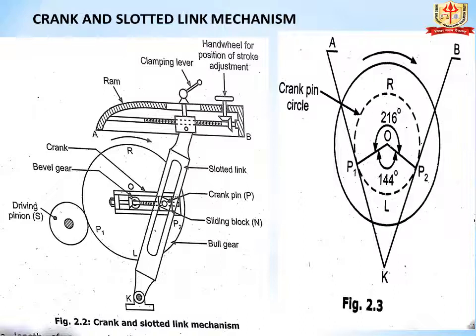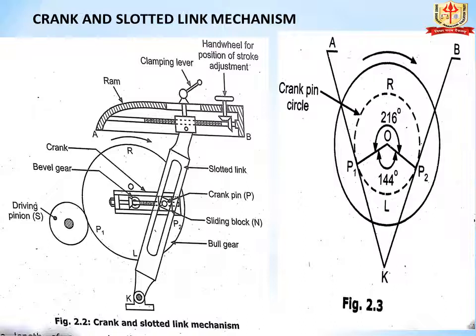As the top of the slotted link is connected to the ram, it reciprocates in a horizontal direction over the column. As shown in figure, we are now studying figure 2.3.